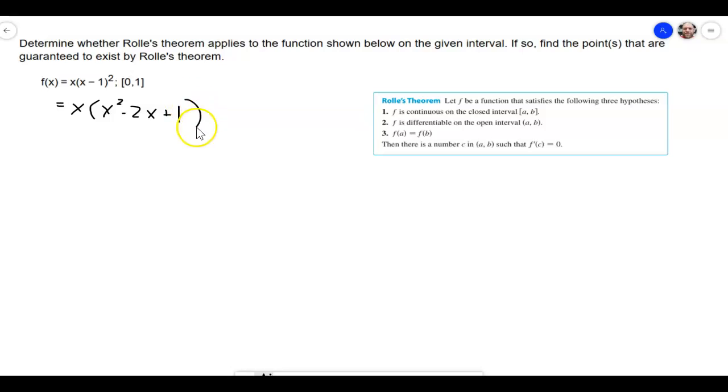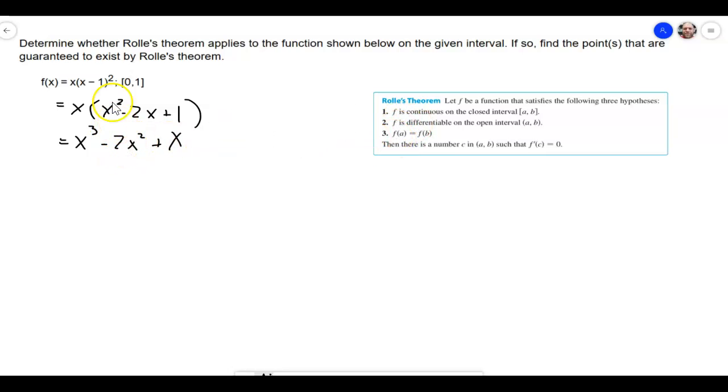And then we distribute that x, and you get x cubed minus 2x squared plus x. Now notice that this is a polynomial, and one thing about polynomials is that on all real values x, they are both continuous and differentiable, therefore 1 and 2 are good.